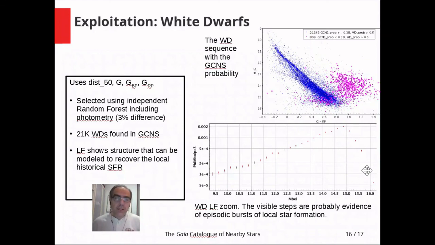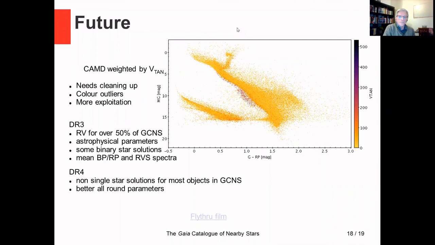So these studies done with a complete population of white dwarfs in the nearby region allow us to detect more small features in the luminosity function, which is very interesting, and it proves that it's necessary to perform this kind of catalogs to have the most complete view of the Milky Way. Can we make an even better catalog of nearby stars with Gaia?